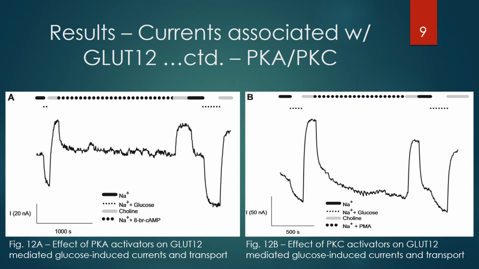In the left figure, in the area indicated by the smaller black dots, you'll see a much more sharply dramatic depolarization of the GLUT12 protein as opposed to the small black dot area of the protein kinase C activator molecule. So you can see the dramatic difference that protein kinase A has an effect on the current associated with GLUT12 as opposed to the protein kinase C activator.